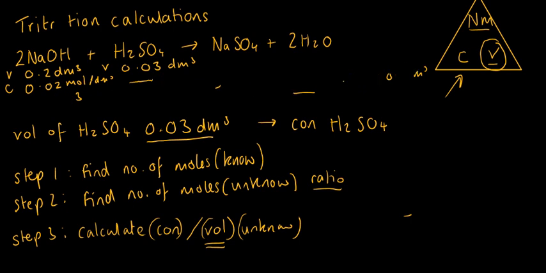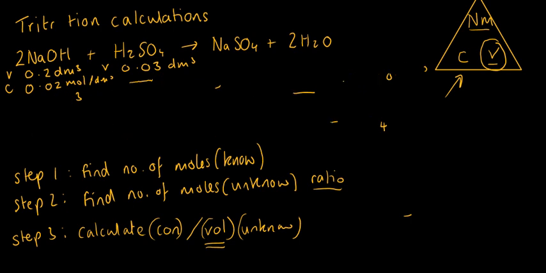So let's now get rid of that question because we've managed to pick apart the question and turn it into the situation that we had earlier. And let's just make that slightly bigger. That should be mole per dm cubed.